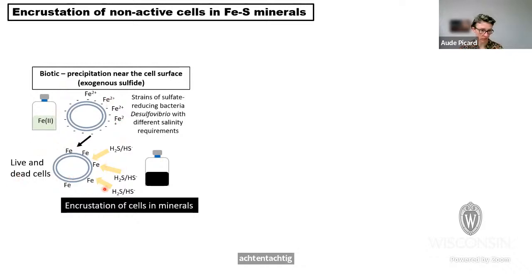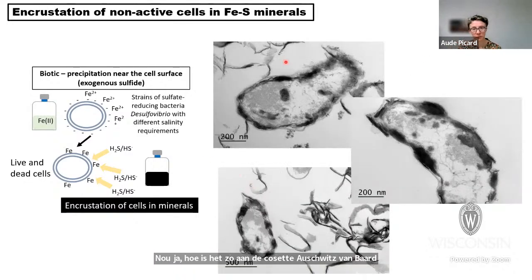In this case, the goal was to add sulfide, but when we left the bacteria for a few days in the incubator, and when we were ready to add sulfide, we saw that the cultures had actually turned black, which was not expected because they didn't have anything to reduce sulfate. And then we actually ended up looking at them before adding sulfide.